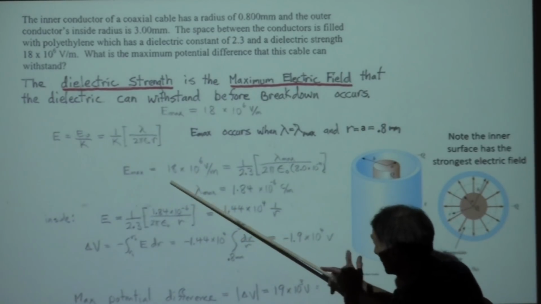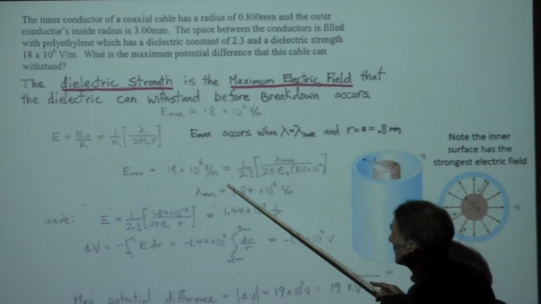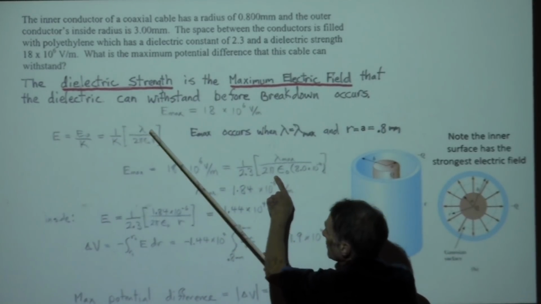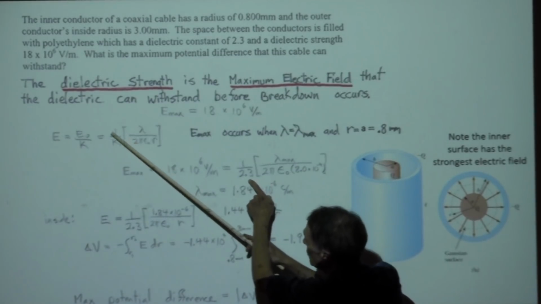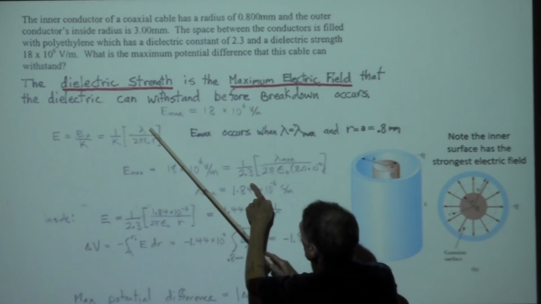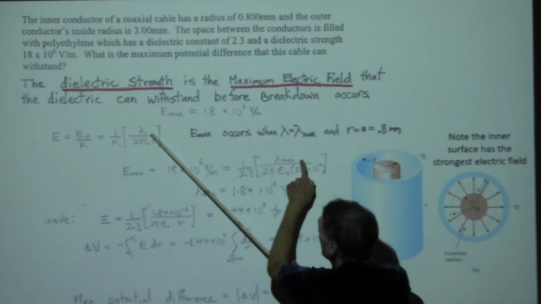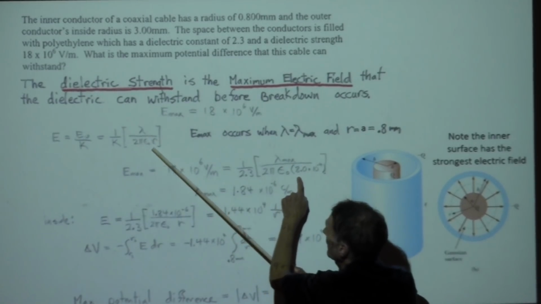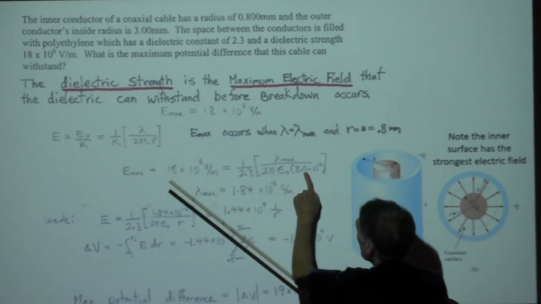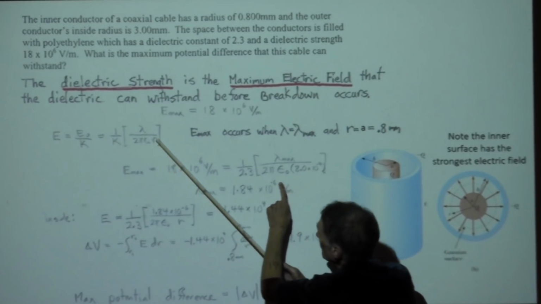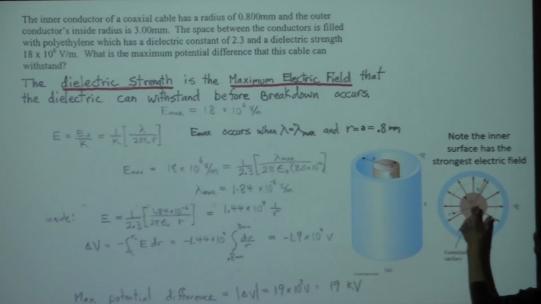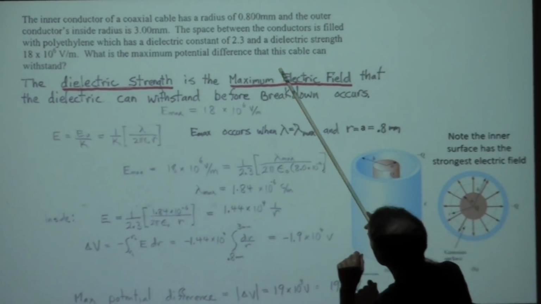So E max, he states in the problem, is this. I'm making use of this equation. This is going to be lambda, this will be lambda max over here, 2 pi epsilon naught. The r is going to be the radius, and that radius, I'm using the radius a because that's where it's going to be the strongest.